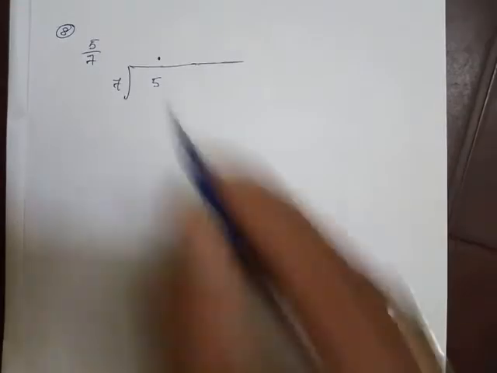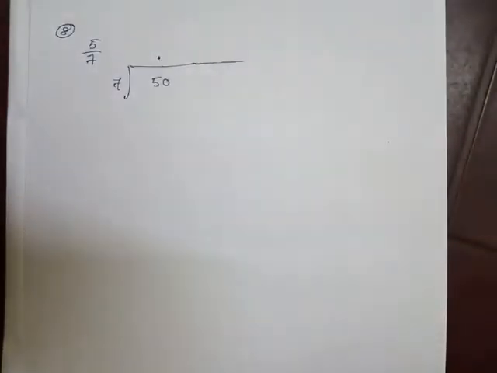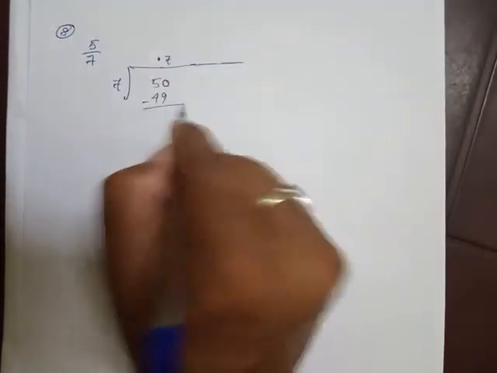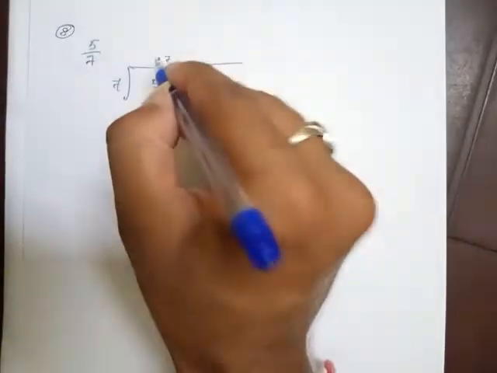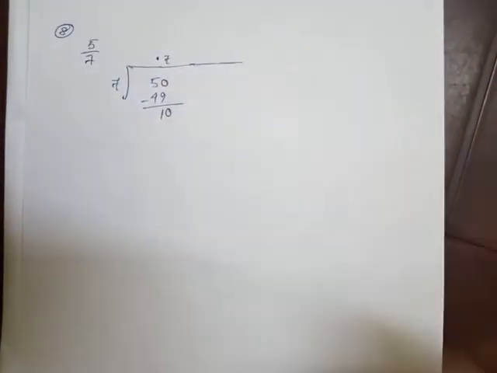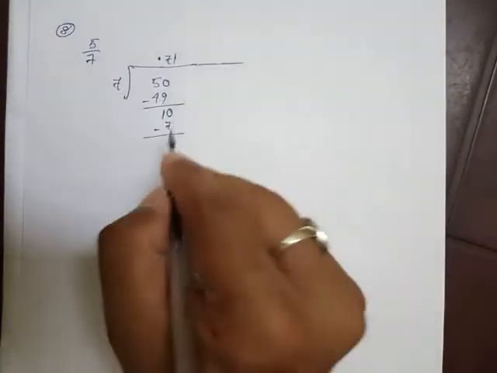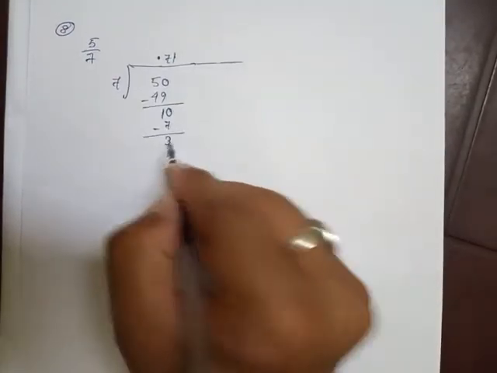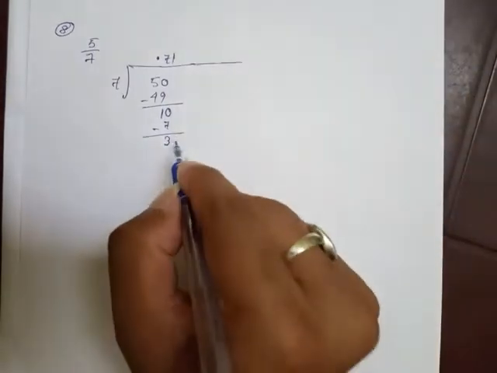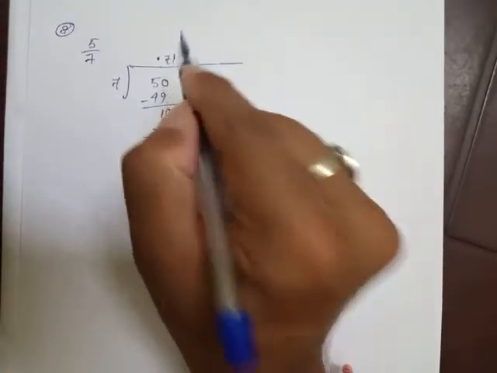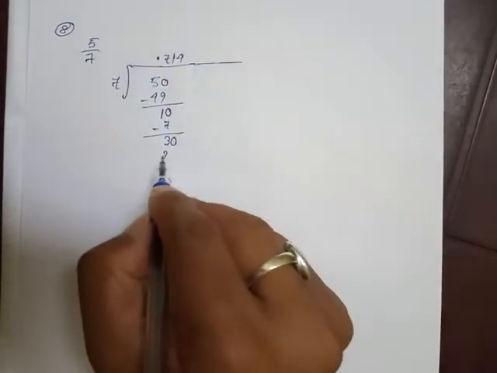If we put one decimal point, there will be 0. Now this can be divided. 7 7s are 49. Now remainder is 1. Since there is a decimal point, one more 0 is there, so 7 1s are 7. Now there is 3. Since there is 3 and decimal is also here, we'll put one more 0, which means 30. 30 can be divided by 7, which means 4 7s are 28.